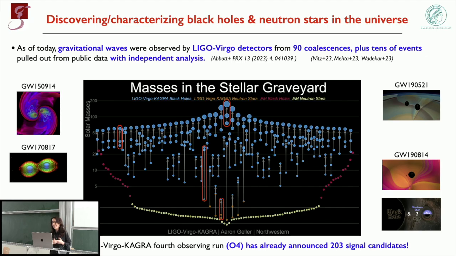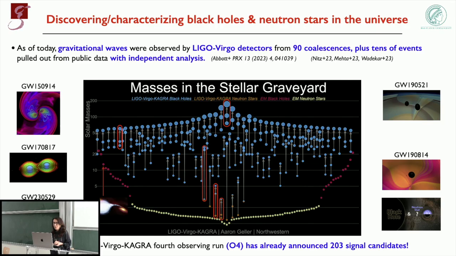I cannot talk about these events because we are writing the papers. But I will also discuss later one event that was published last April of last year, which corresponds to a neutron star black hole system, a mixed binary, discovered the 29th of May 2023.